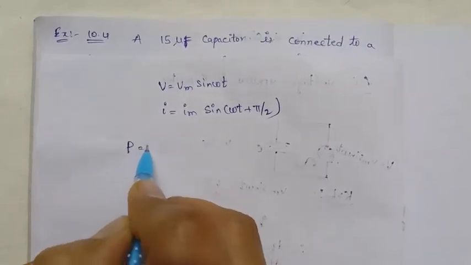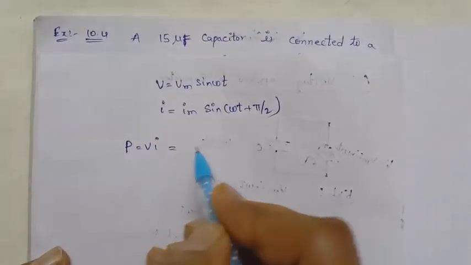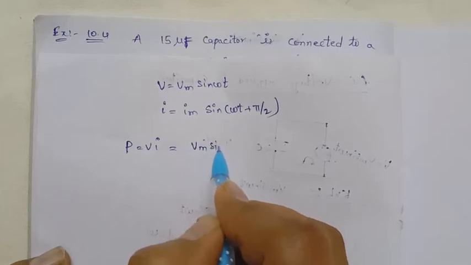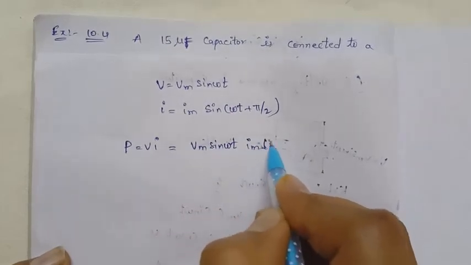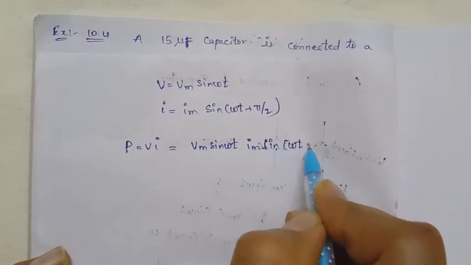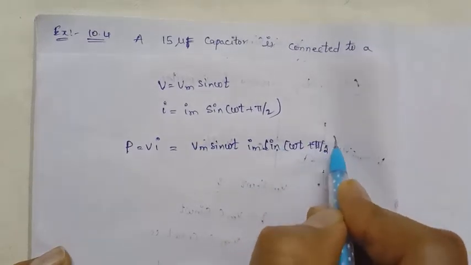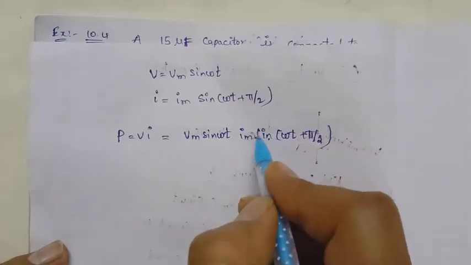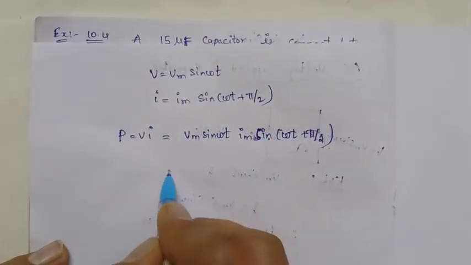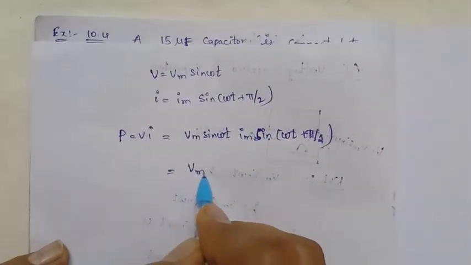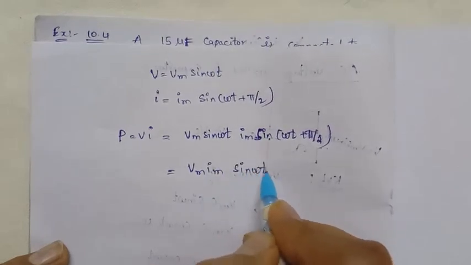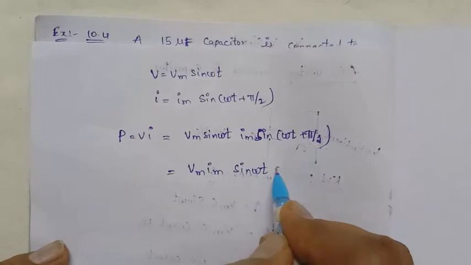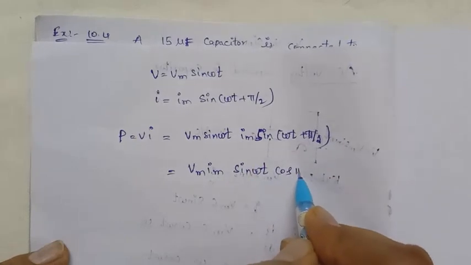P is equal to VI, which is Vm sine omega t into Im sine omega t plus pi by 2. Sine omega t plus pi by 2 is nothing but cos omega t.